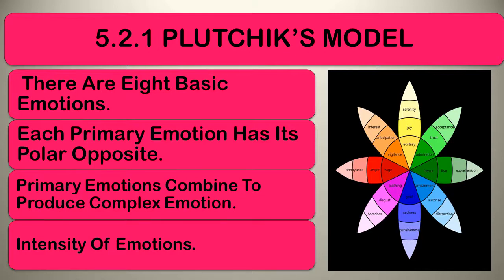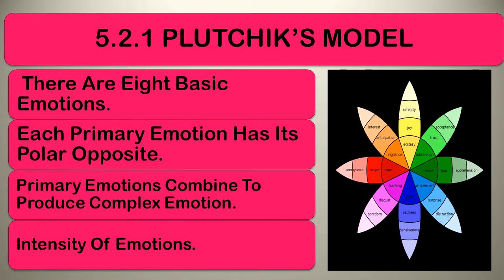He also says that the intensity of emotion decreases as we move outward and increases as we move toward the center. The color indicates the intensity. The darker the shade, the more intense the emotion.